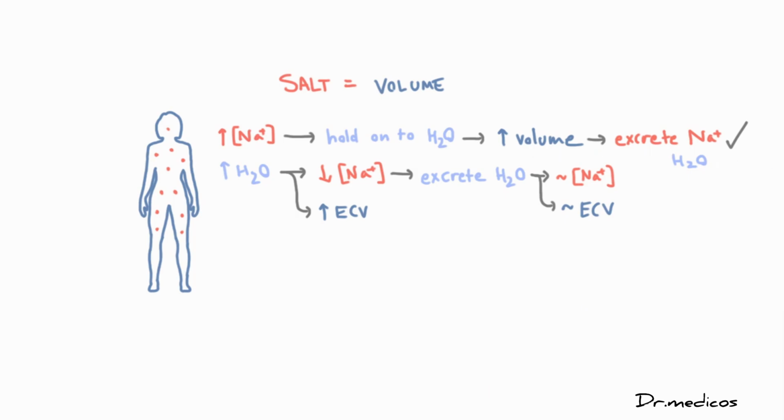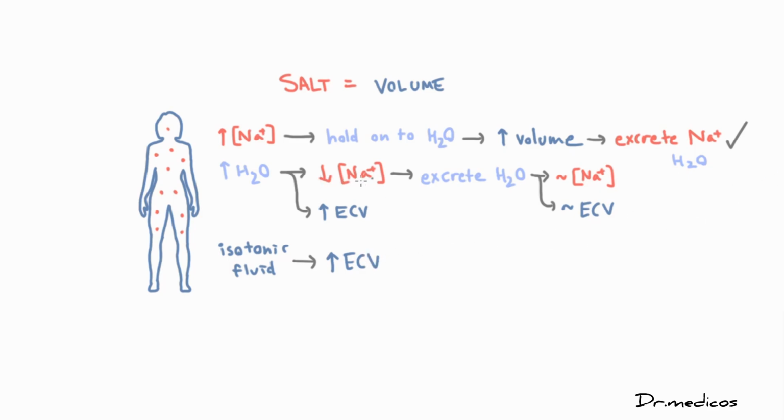So now as one last example, instead of talking about just salt or just water, let's think about what happens when this person either drinks or gets an infusion of isotonic fluid. So isotonic fluid has the same concentration as your extracellular volume, so it's not going to change the concentration of the solutes, but what it will do is increase your extracellular volume.